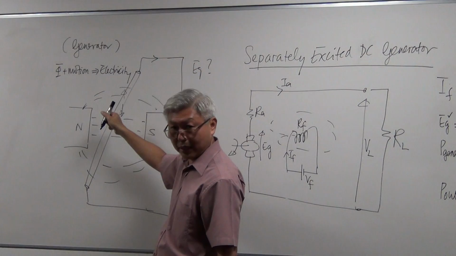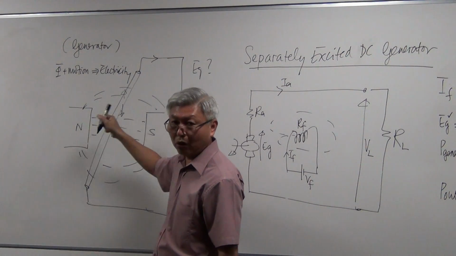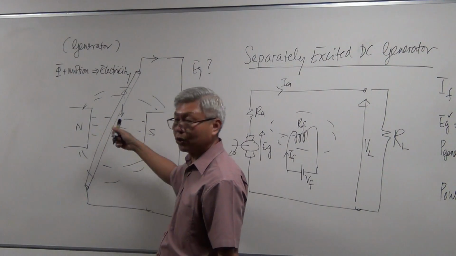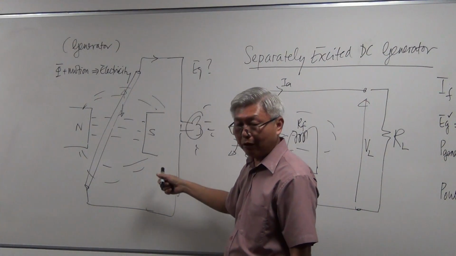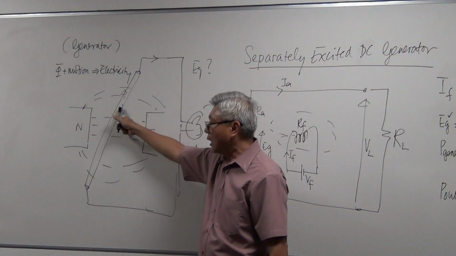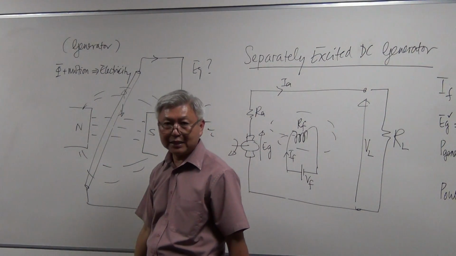The answer is also yes. Or I put in more conductors in series, so more voltage is induced. So in order to increase the voltage generated, I can increase the magnetic flux, speed up the motion, or put in more conductors.